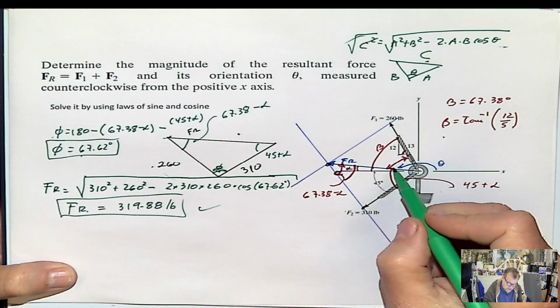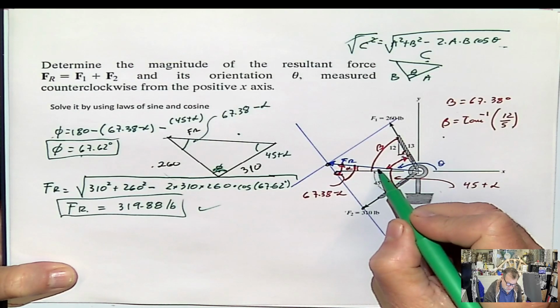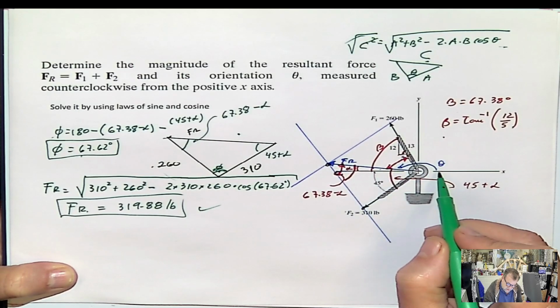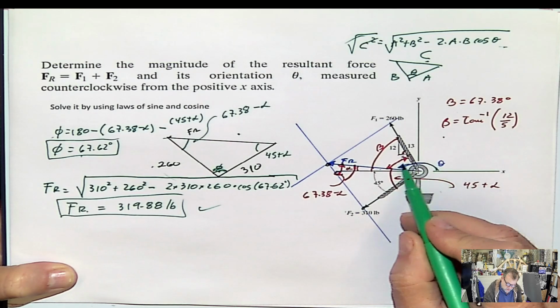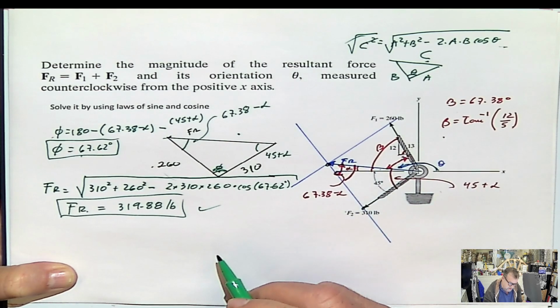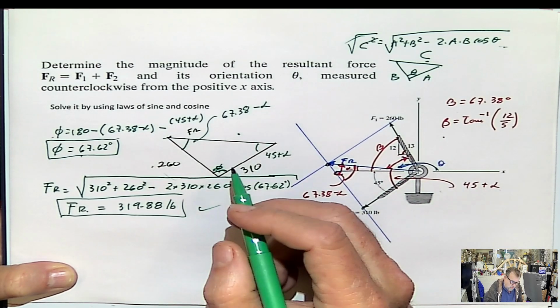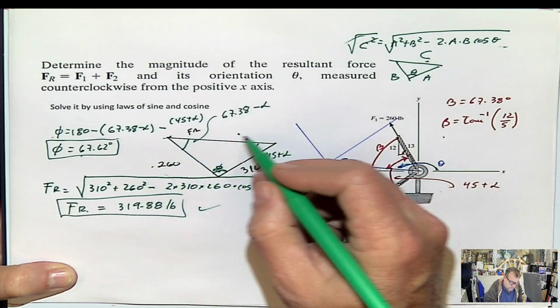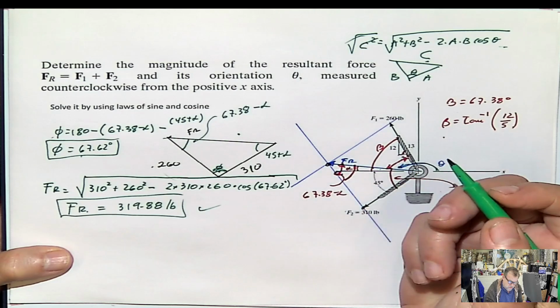Now for the orientation, I need to know the value of alpha, because basically the orientation will be this one. That means it's going to be 180 minus that little wedge, as I said before. How do you do that? Well, we apply here again what we have, but now we're going to use the law of sines.